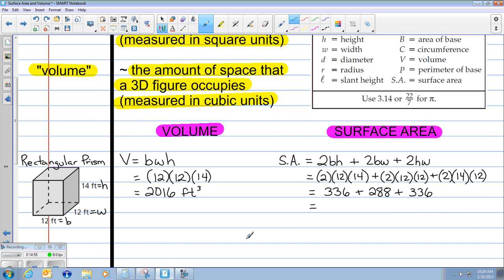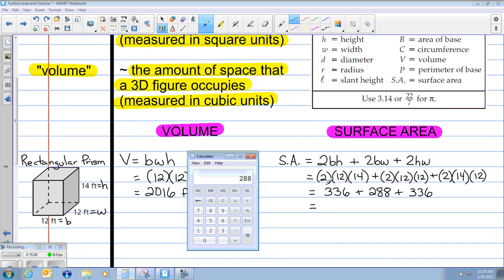And then all we have to do is add them all up, because of course we have to follow the order of operations. We had to do all the multiplication first, and then we're going to do the adding last. So I've already got 288 there, plus 336. Oops, that did it again. Okay, let's try again. Very important to make sure that you're being really careful when you're doing all your work.